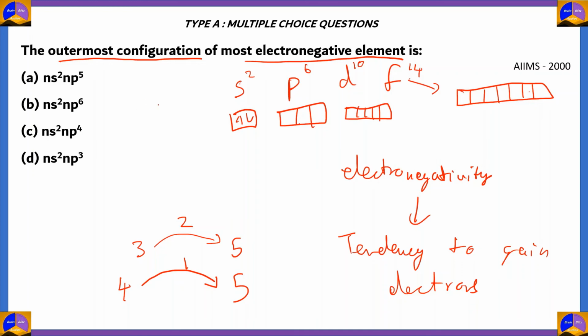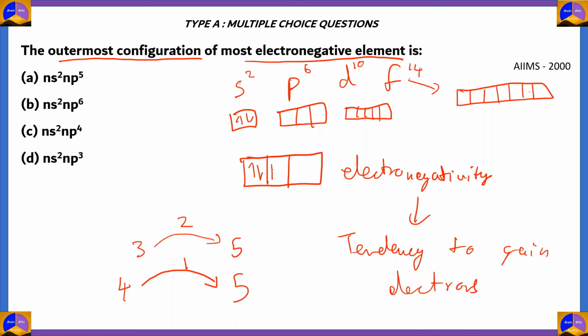So when we look at that, we know that the configuration given here is ns and np. And the value of p differs, 5, 6, 4, and 3. And the number on the exponent would give you the number of electrons.